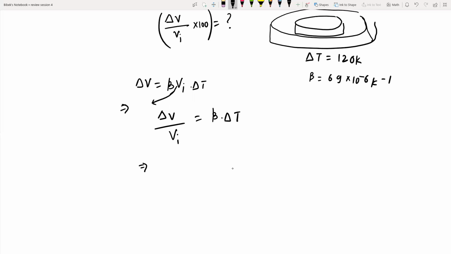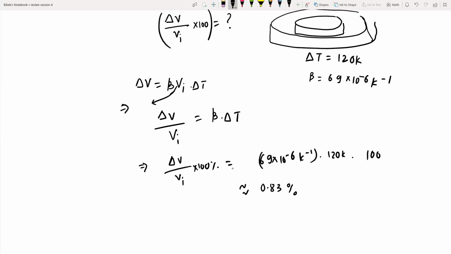And if you multiply it by percentage, the beta is 69 times 10 to the negative 6 per Kelvin, the delta T is 120, and you multiply it by 100, so I think it will be about 2.83%. Please check the math, and that will be your increase in the volume in terms of percentage.